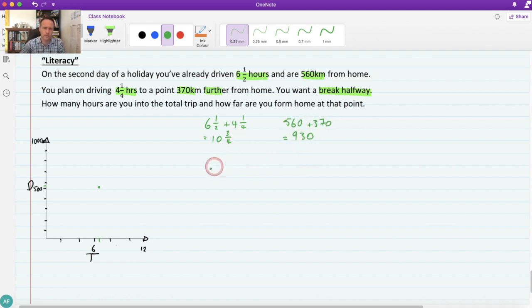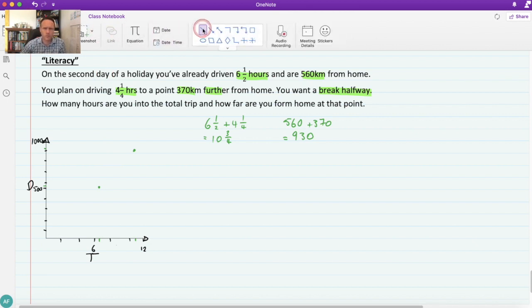So the next point will be 10 3/4, so that's 6, 8, 10, and 3/4 will be about there. They're 2-hour increments. And then 930 k's, so that's 900 there, and we'll just put the 30 about there. So let's take that to here, and let's pop a line through there so it makes it easy to see.